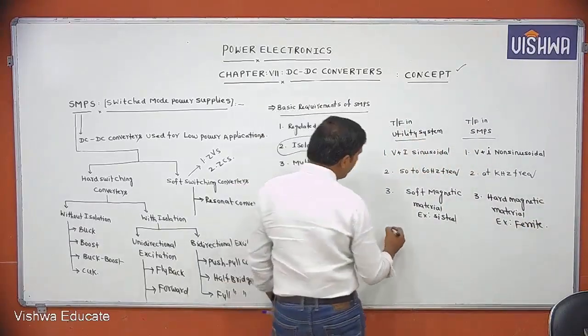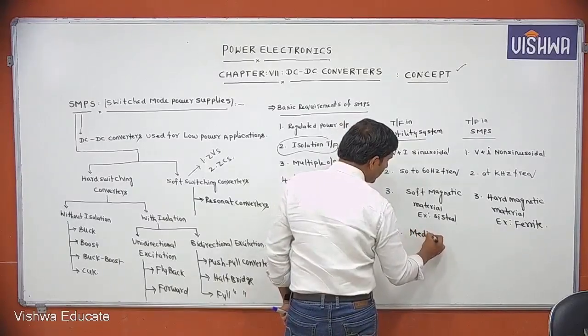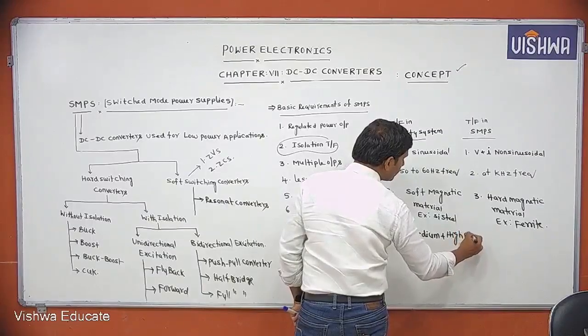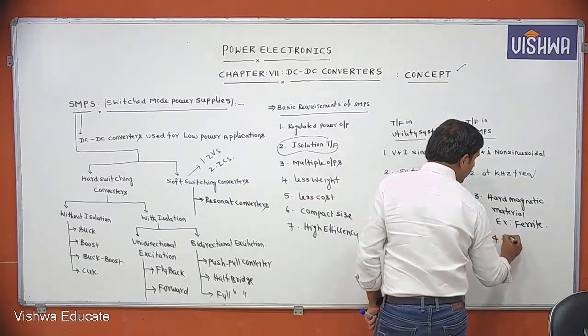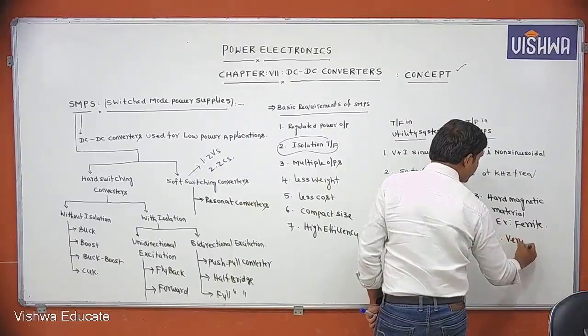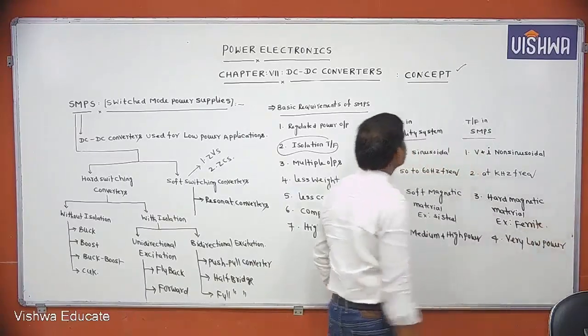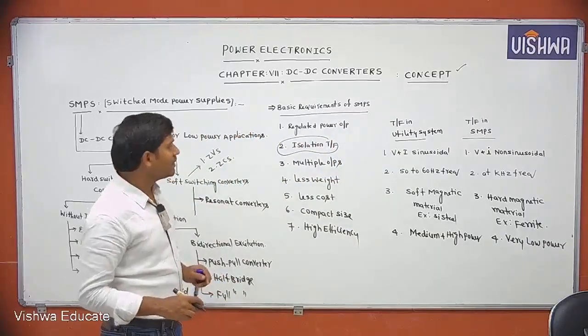The utility transformers are designed for medium and high power applications, and these are used for very low power application. This is the selection of transformer in utility system and transformer in SMPS system.